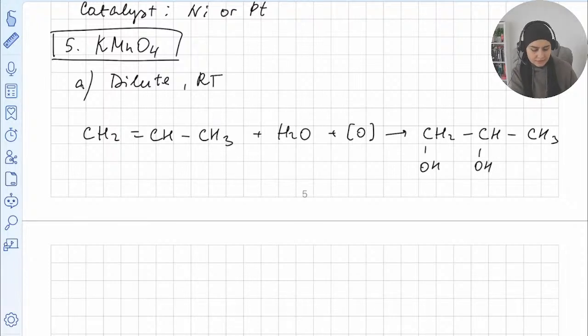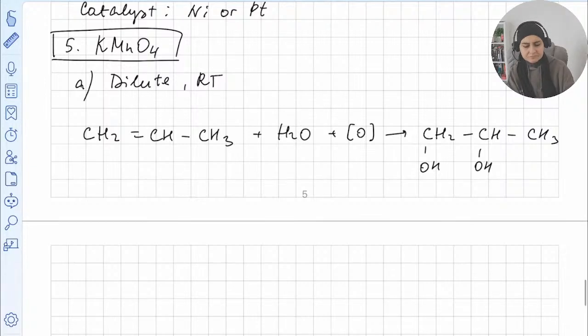Usually you are allowed, unless they ask something specifically, to write the oxidizing agent in organic chemistry as O in square brackets, and you balance it just like you would balance normal oxygen atoms. If you check, everything should be balanced. So you have 8 H's and 2 oxygens, balanced, and 3 carbons. So you get a diol if you use potassium manganate dilute at room temperature or even cold.